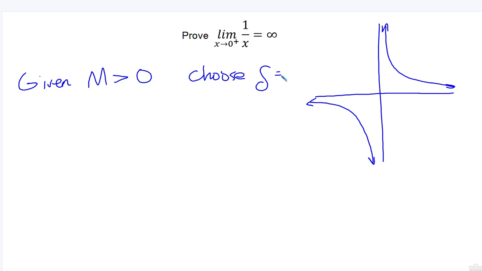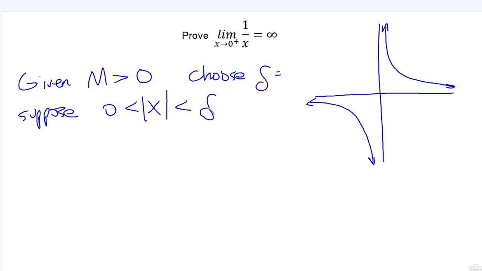Supposing that we have 0 is less than x, because x is approaching 0, so our x minus a is just x. We can put this inside an absolute value here, which is now less than delta.